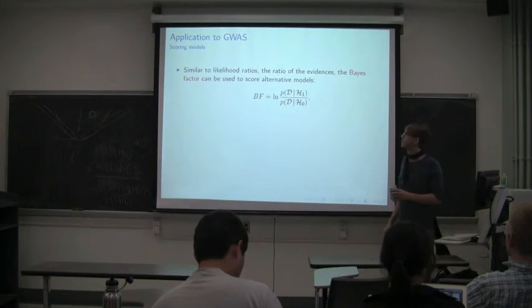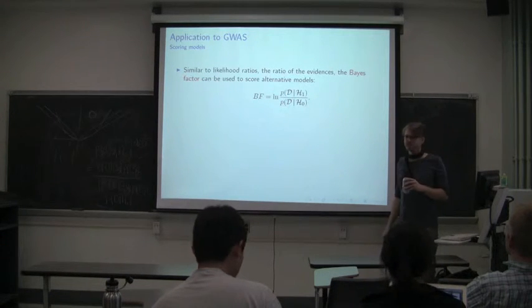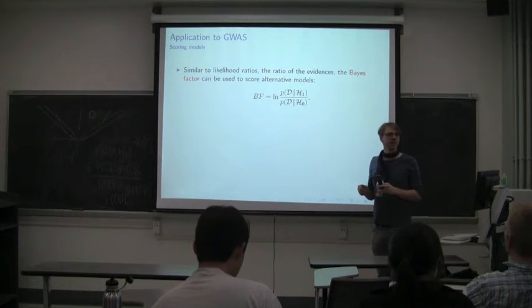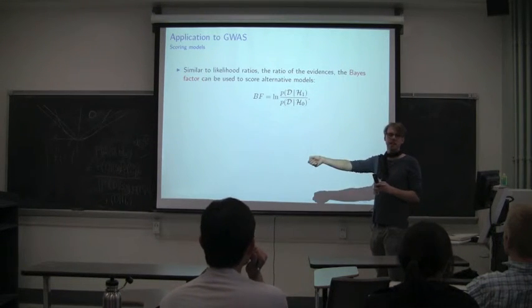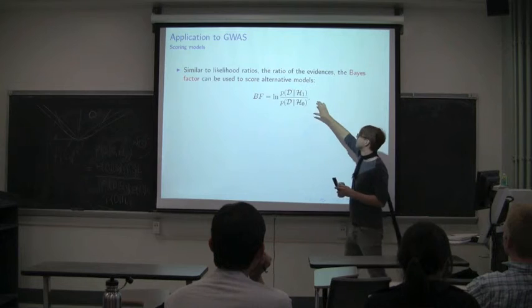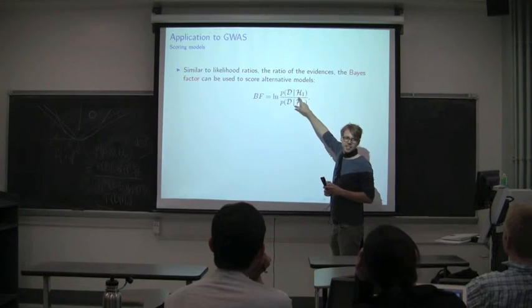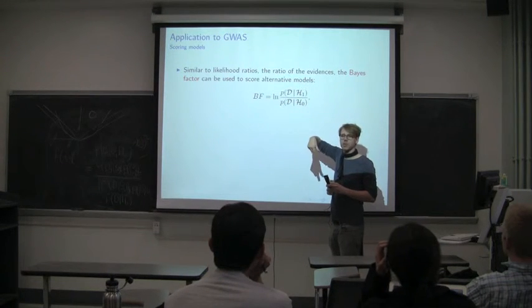Note that for the likelihood, the more complex model, so the one with the SNP, always achieved a larger likelihood. So this ratio was always larger than 1. In this case, because of this Occam's razor, actually it can go smaller than 1.